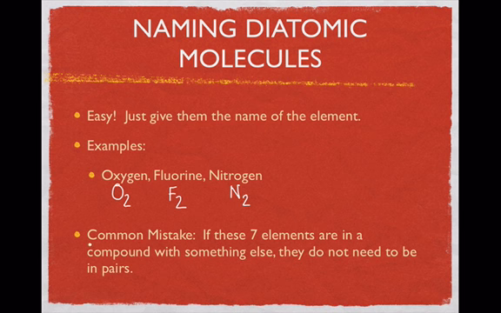Here is the big mistake people make though. Once we learn about these, they try and put them, I guess, as pairs in everything. So for example, if I had, I don't know, something oxide, they would think because it's oxygen, I have to have 2 of them. This only holds true if they are all by themselves.